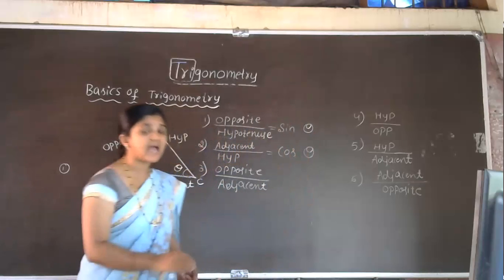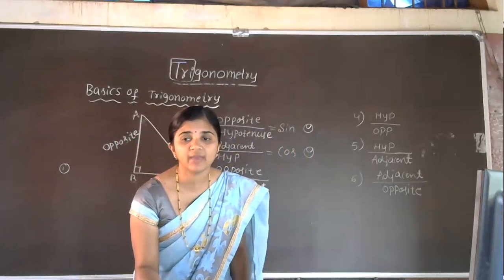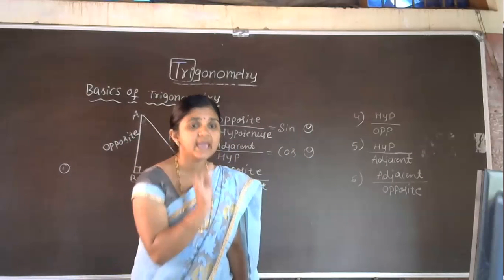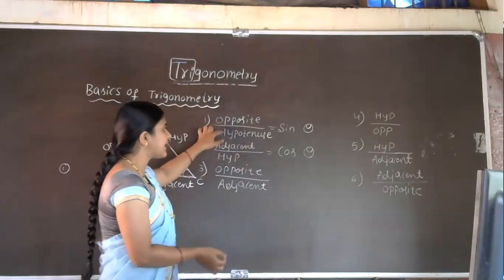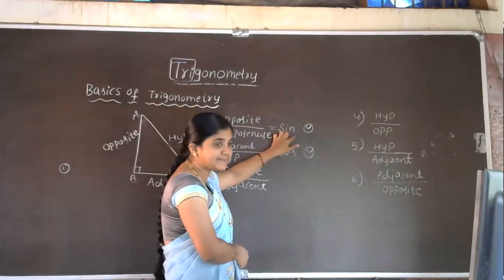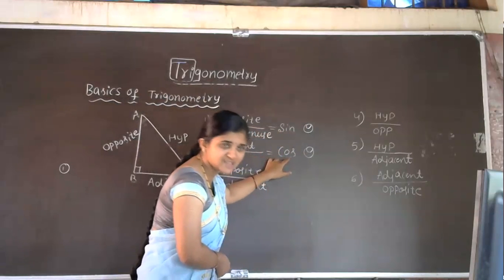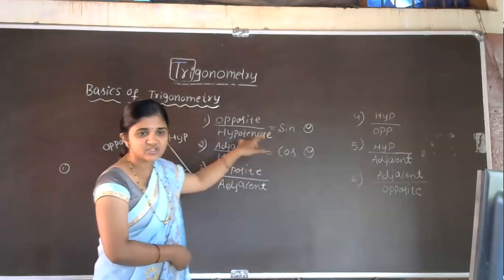So what is that theta? Theta is the marked angle. The first one, opposite by hypotenuse, is called sin theta, and adjacent by hypotenuse is called cos theta. Got the idea of these two, no?